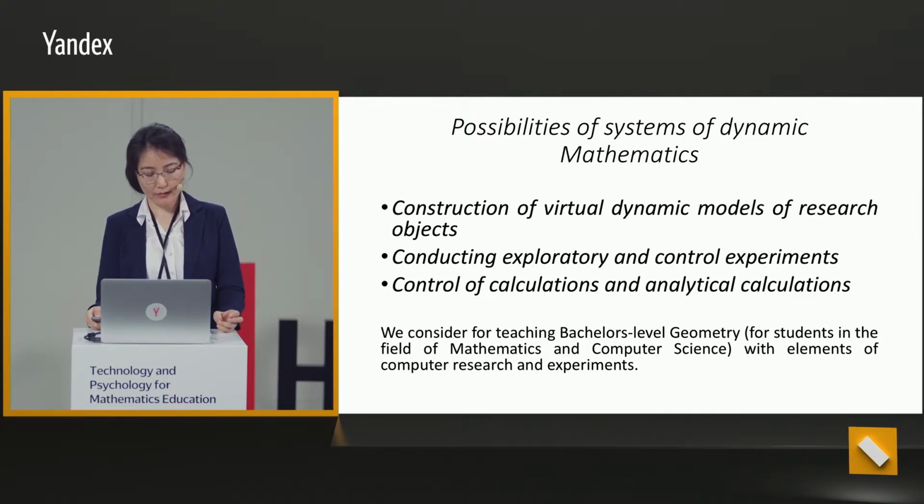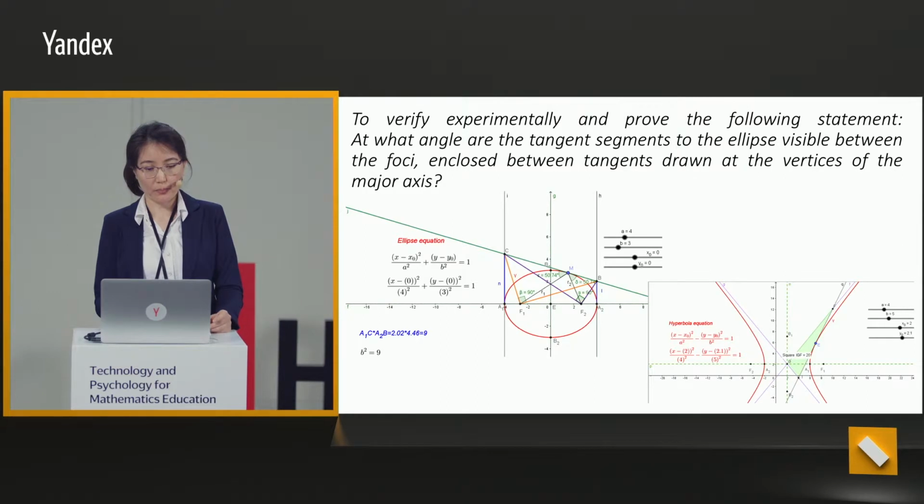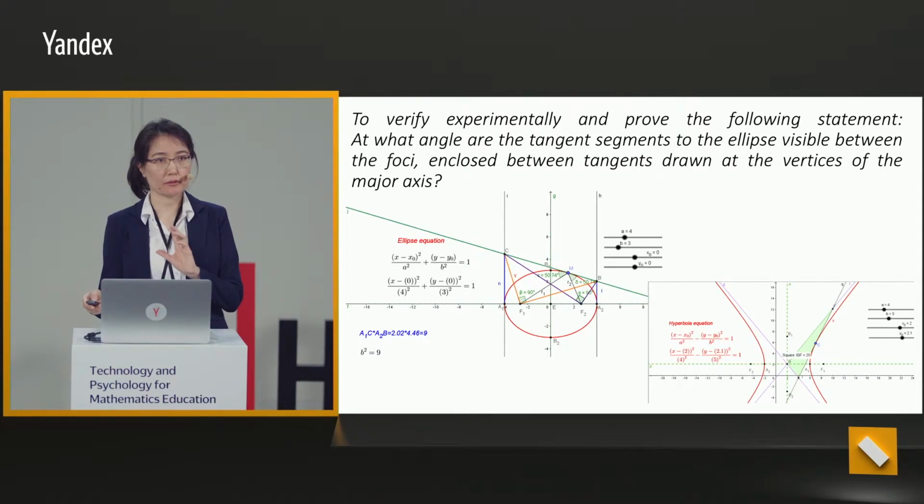Scientific literature gives a lot of examples that illustrate the effectiveness of the experimental method in solving a mathematical task. For example, we can see the simple task of analytic geometry, first level by Bunch and Bell, in the slide.